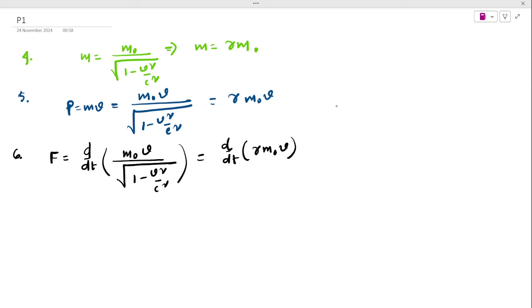Another one is basically the relativistic energy, E equal to m naught c square by root over 1 minus v square by c square, equal to gamma m naught c square.